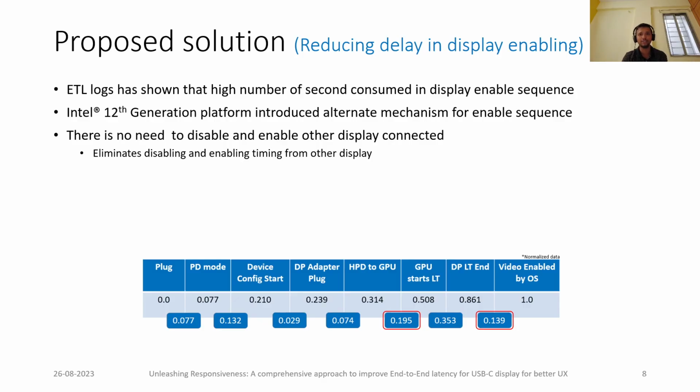In order to sync both displays in clone mode or extended mode, you do a disable and enable. From 12th generation onwards you don't require this, which completely eliminates the enabling and disabling sequence. So we removed that from the driver, and we are optimizing this latency as well.